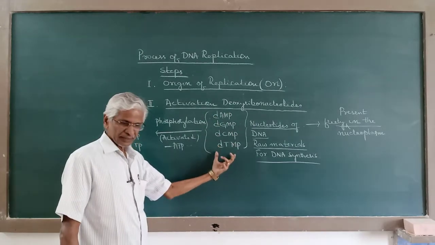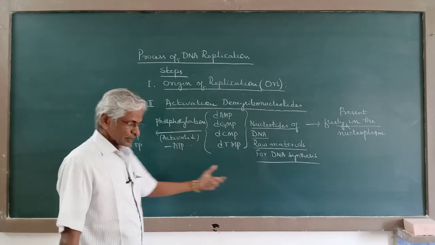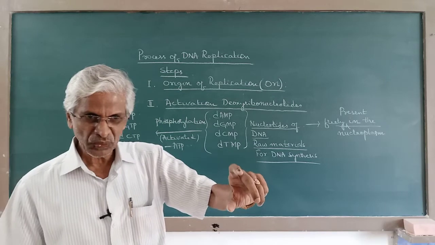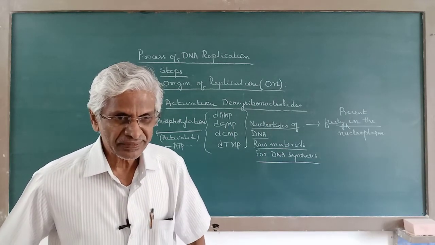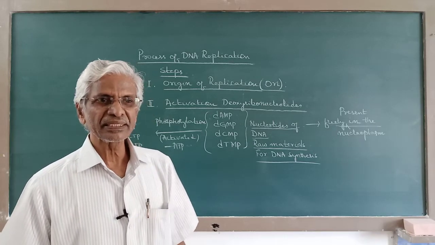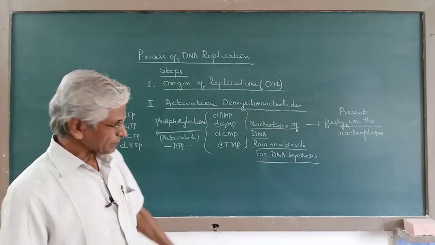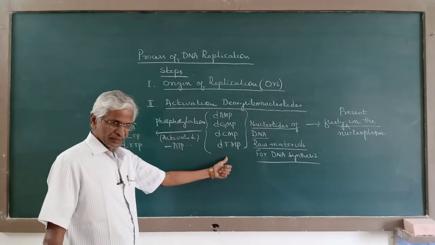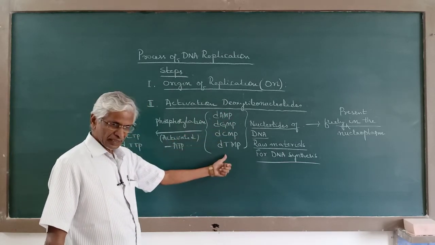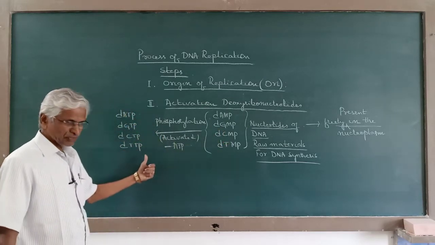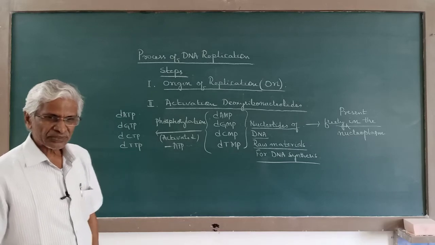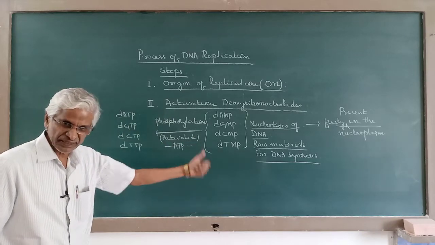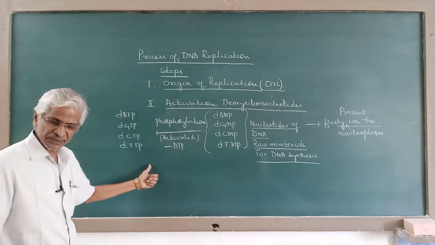So apart from providing monophosphates, the triphosphates, by losing two terminal phosphate groups, liberate energy, and this energy is utilized for DNA synthesis.